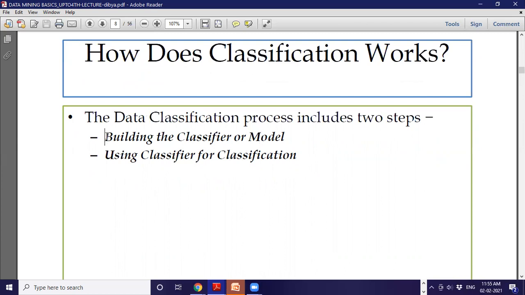This first phase is very crucial, because here we try to build a classifier based on some given data and some given knowledge about the data. And the second step is what? Whenever new data appears, we try to classify it on the basis of the model that we have built in the first step.